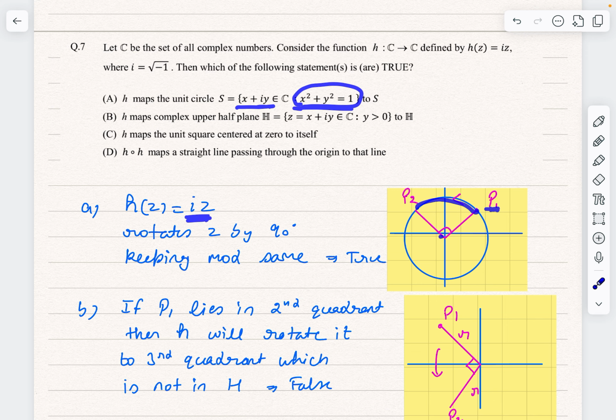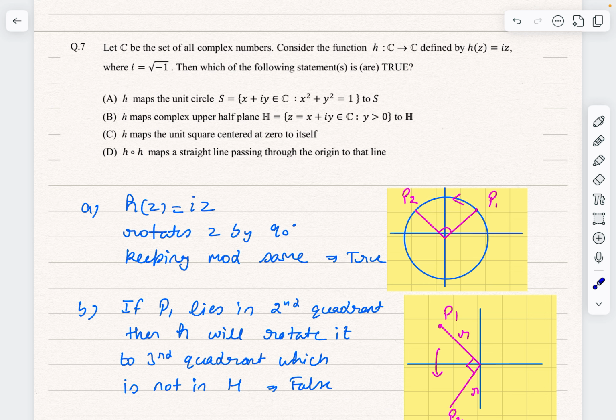That means if the modulus is same, initially modulus is 1, and after rotation also modulus will be 1. So the point after rotation also will lie on the same circle. So every point on the circle will get rotated by 90 degrees in anti-clockwise direction, but they all will lie on the circle itself, so it will be true.